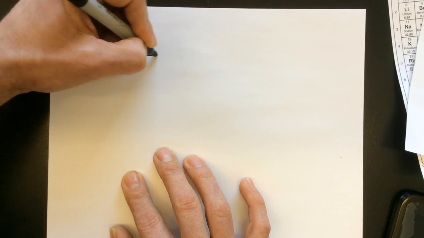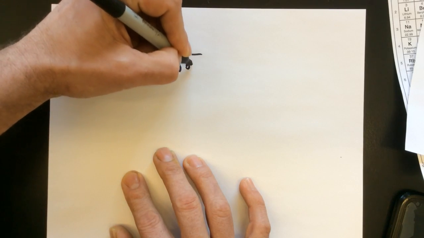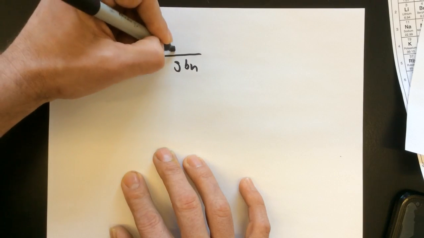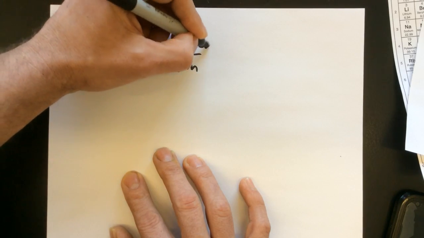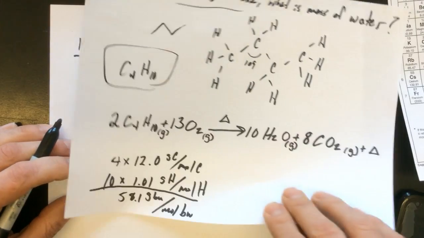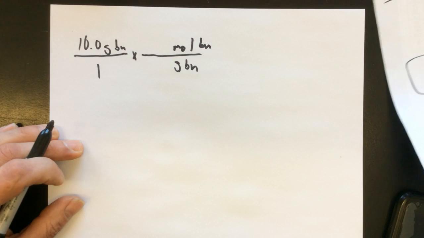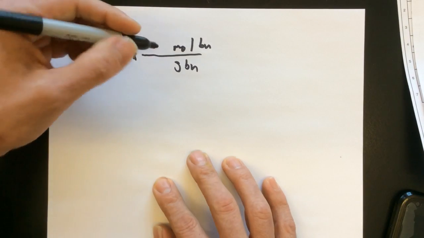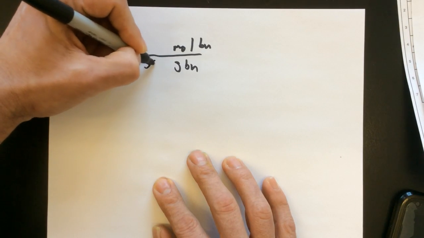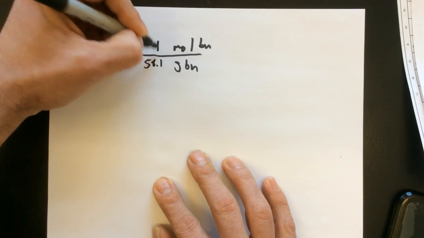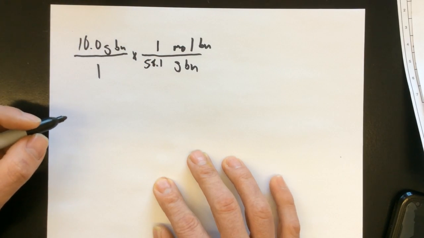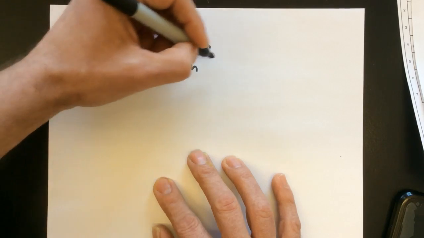But I have to get rid of those grams of butane, and I have to replace them with moles of butane. That was the point that we just went through there to get this 58.1 grams per mole. And so, again, it's 58.1 grams per 1 mole. And now grams of butane are going away.